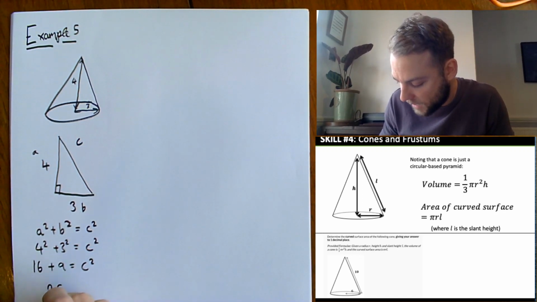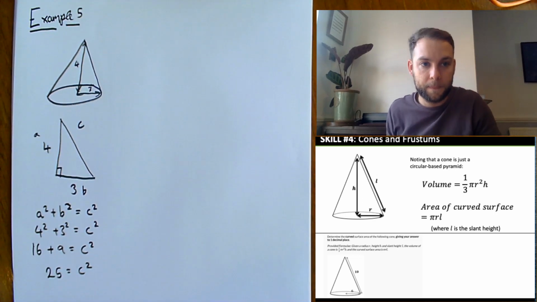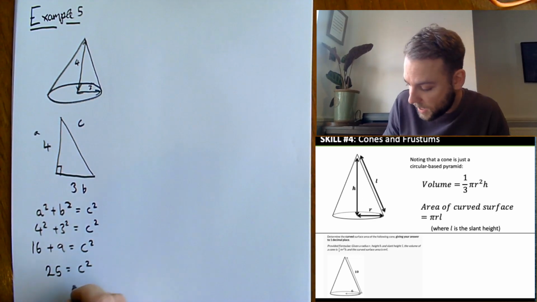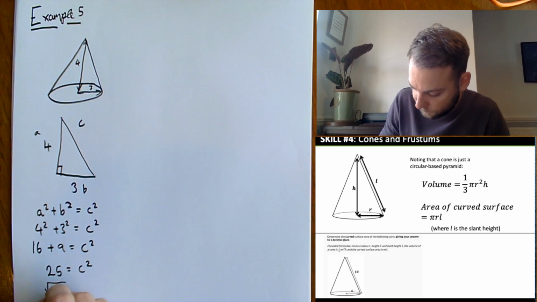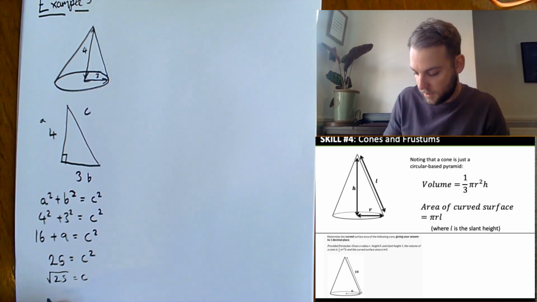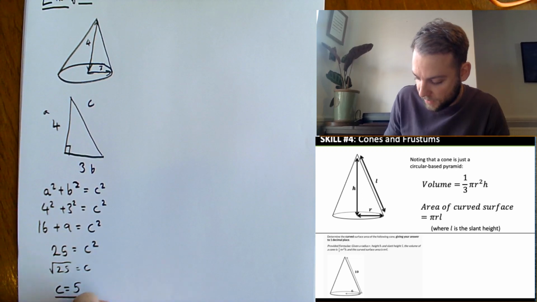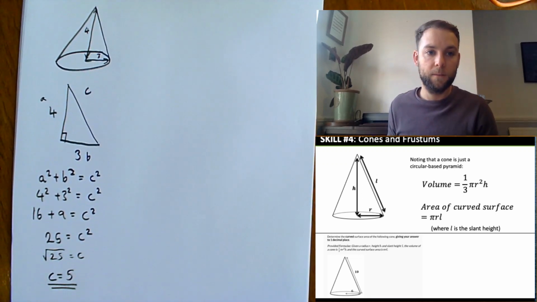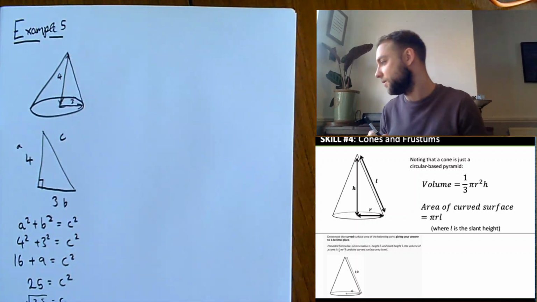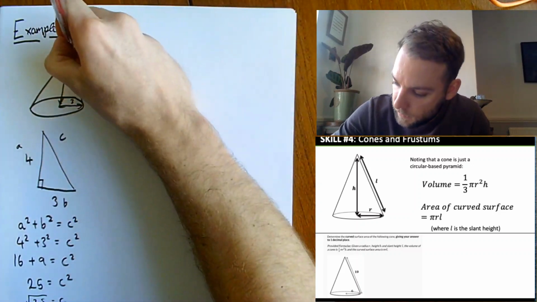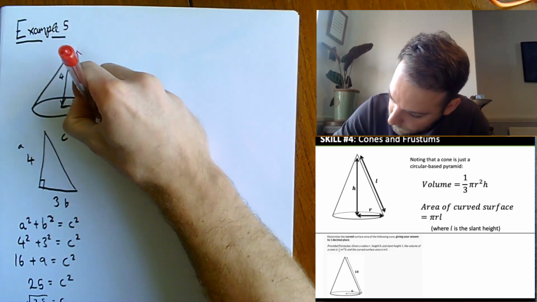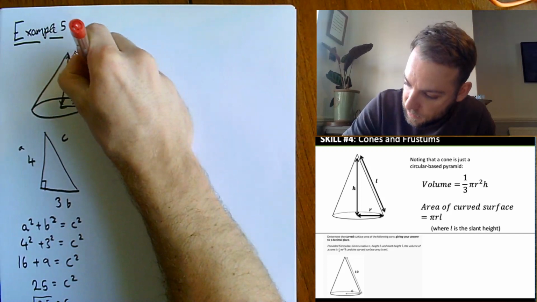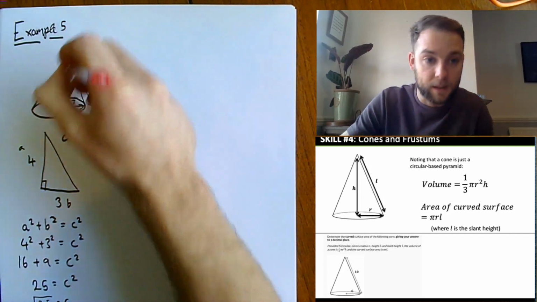Add those together, we get 25 is equal to c squared. So square root the other side, we're going to end up with the square root of 25 is equal to c. So c is equal to 5 in this case. So we know that this length here, I'll try and do this in a different colour, we know that that L is 5. There we go.